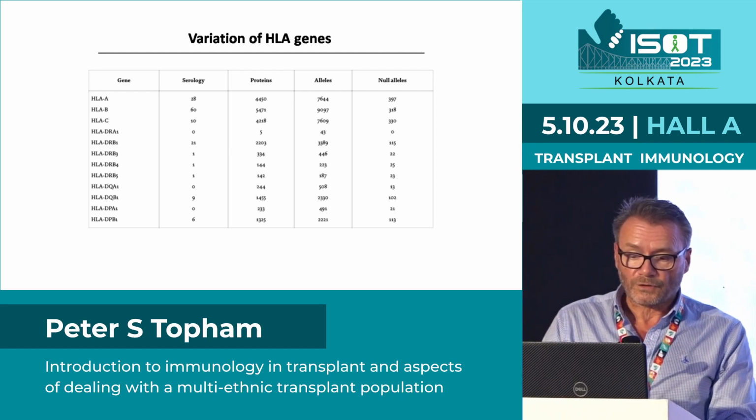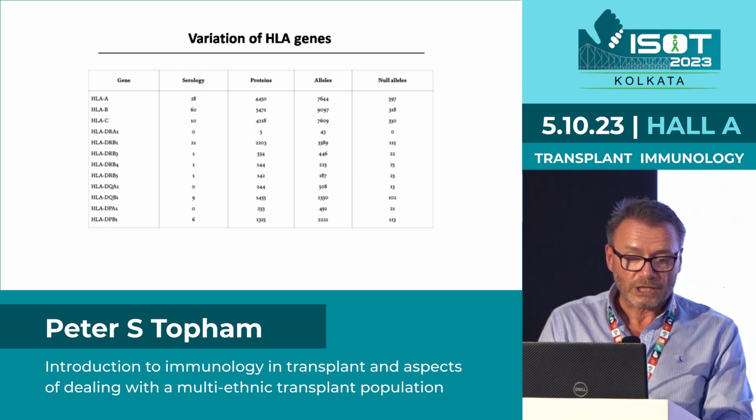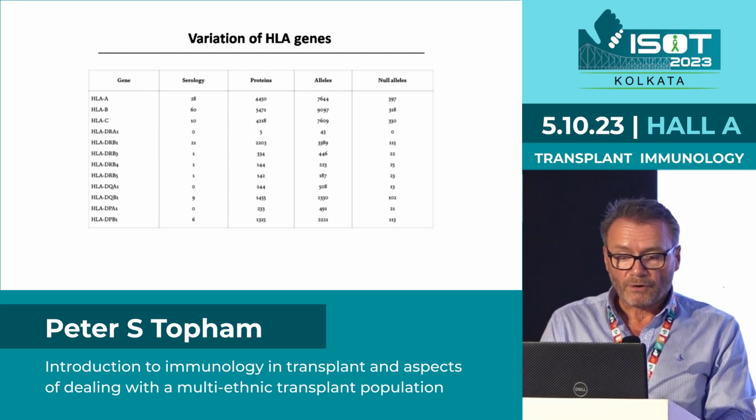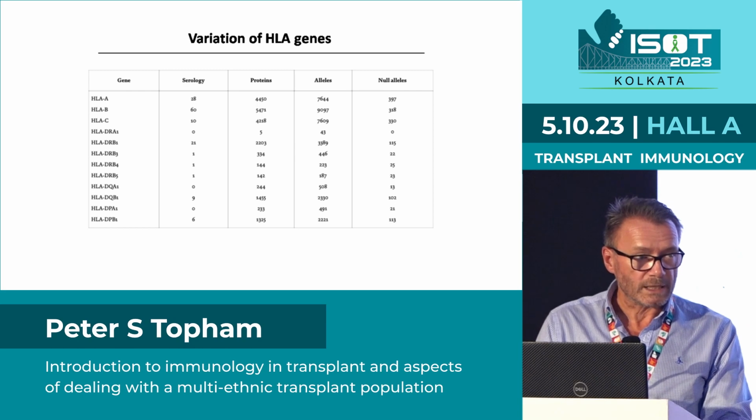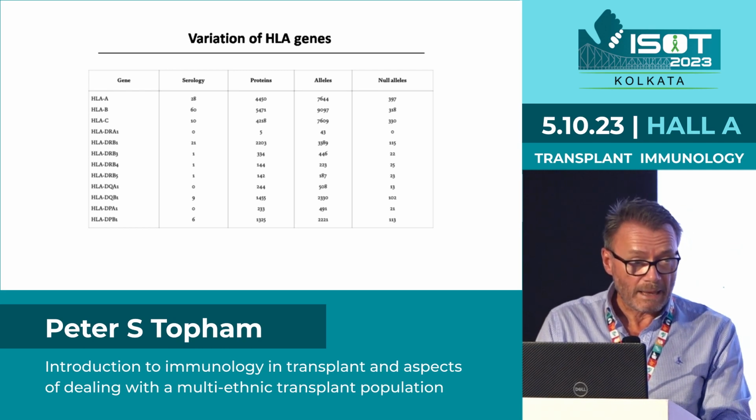So these are the serological types here, and you can see there's relatively few of them. With more detailed sequencing processes, it's been identified that within each HLA category, although there are very few serological types, there are many, many more protein types. And those are encoded by almost twice as many different alleles. So the complexity of the HLA genes is immense.